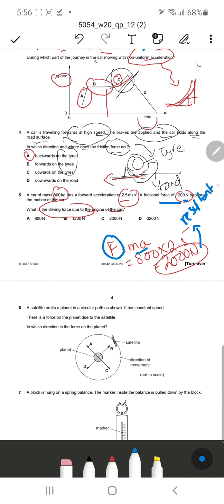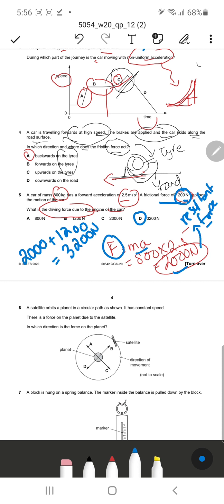So this resultant force needs to be added to this 1200 newtons because it needs to overcome this force. So 2000 plus 1200, which gives us 3200 newtons, which is D for our answer.